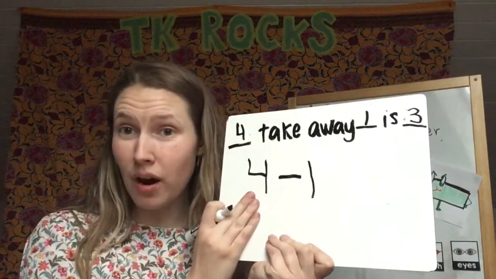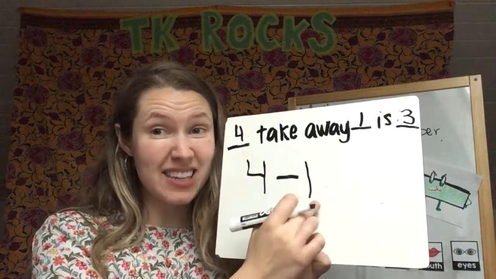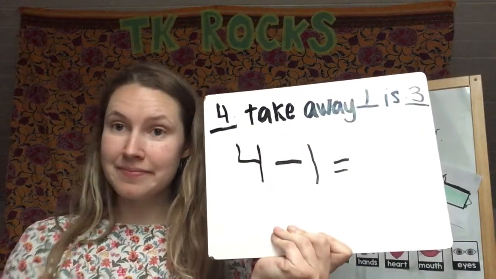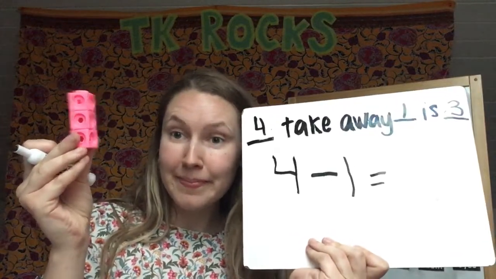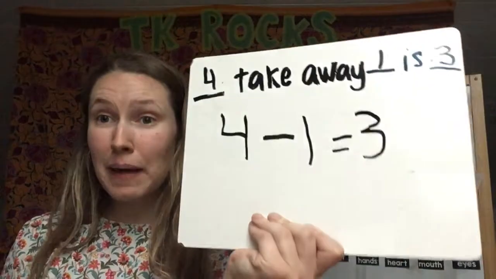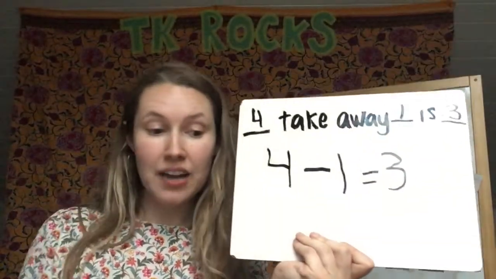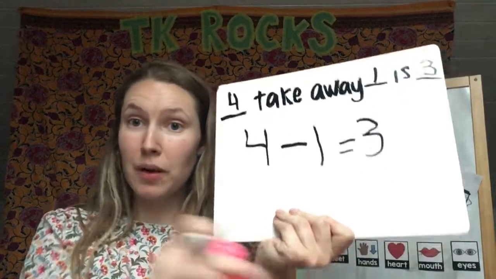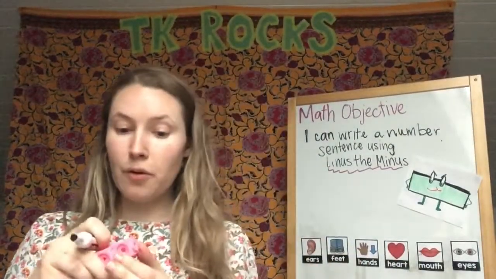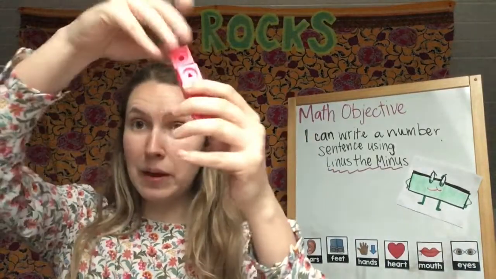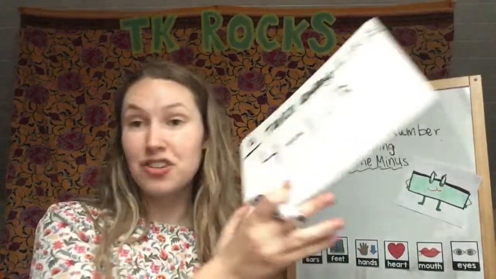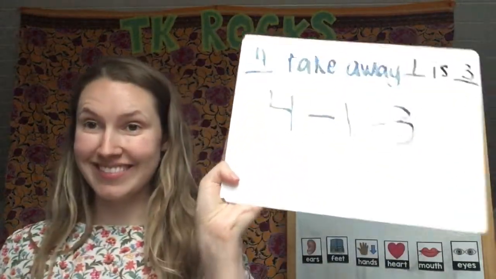So I started with 4, then Linus came in, and he took 1, and then how many did I have left? 3. I had 3 left. So that's my first number sentence, and I showed you how I did it with my Unifix cube. So what you can do at home is first show me having 4, taking away 1, and being left with 3, and then show me that number sentence for it.